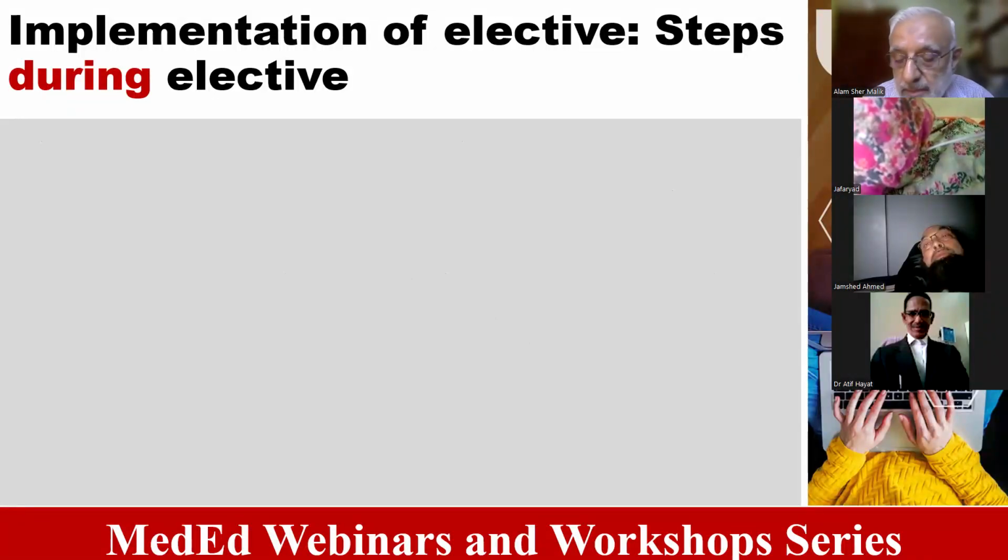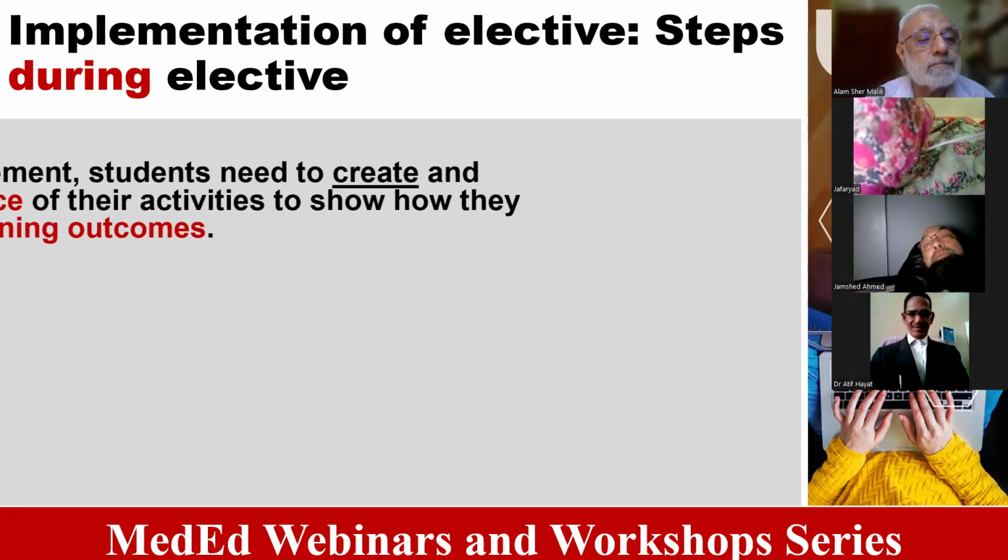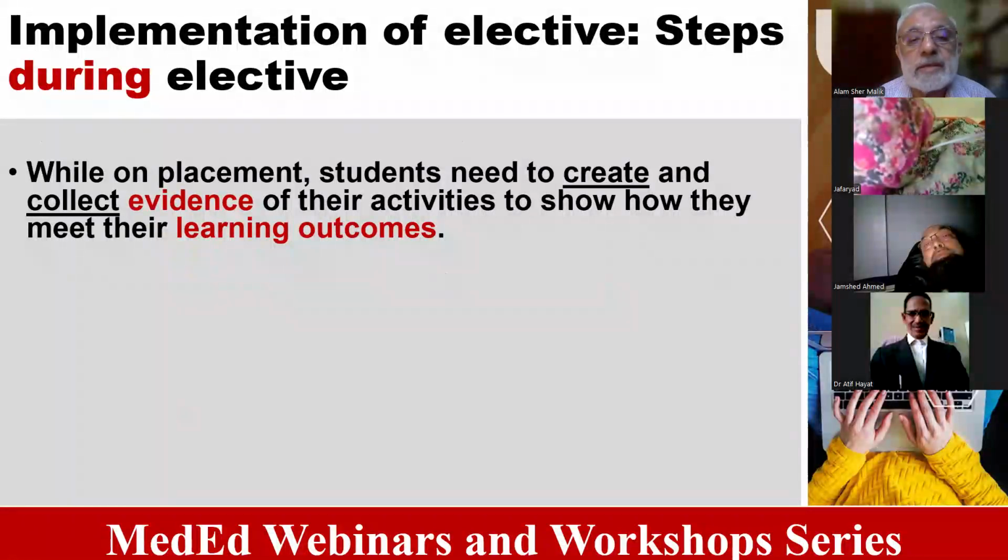So what needs to be done during the elective? While on placement, students need to create and collect evidence of their activities to show how they meet their learning outcomes. Obviously, this is very important and is the main purpose.